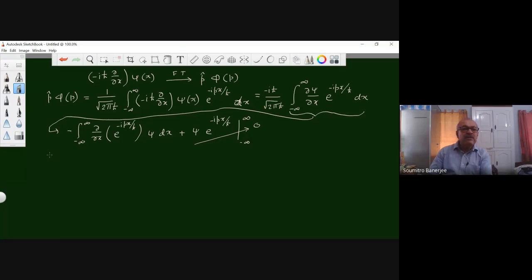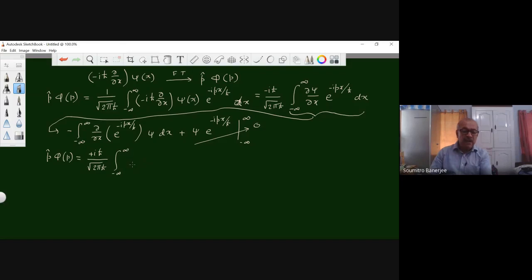Now we can write p hat phi of p is equal to, what was in front? This was the thing in the front: minus i h cross over root 2 pi h cross, and we had another minus here. So this minus and this minus will cancel. This will become plus. It will be the integral from minus infinity to infinity.